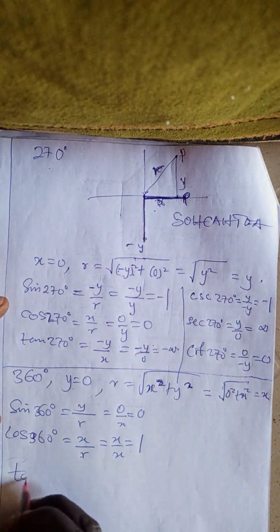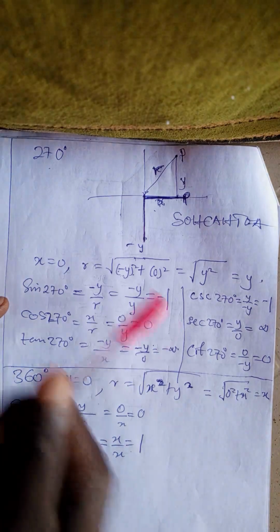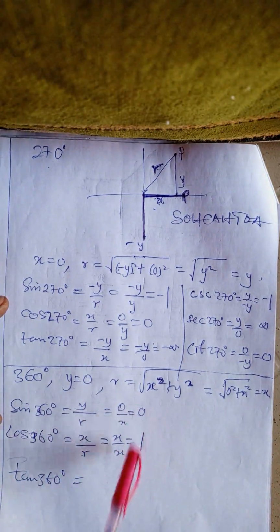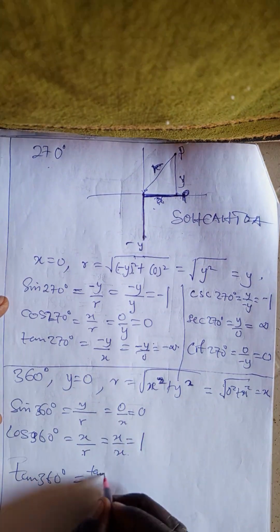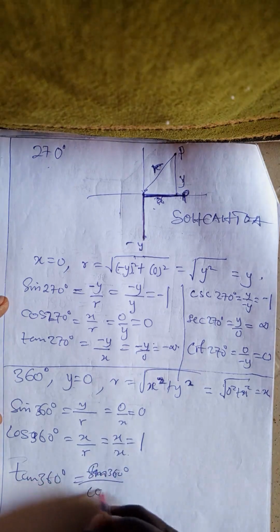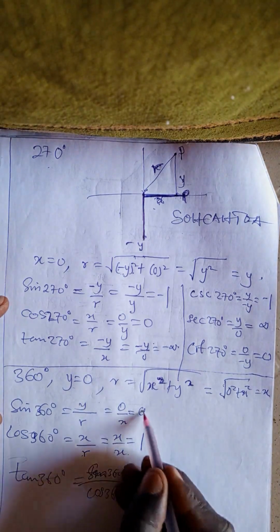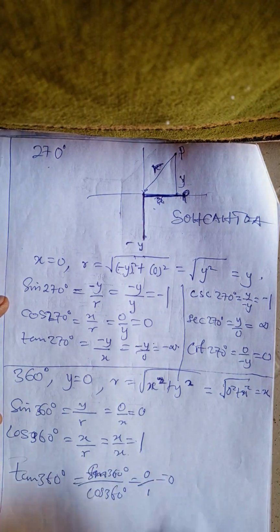Now we will look at the tan 360 degrees, and this is equal to, you can use the sine over cosine, because tan 360 degrees is sine 360 degrees over cos 360 degrees. And the cosine here is 1, so 0 over 1, and the answer is 0.